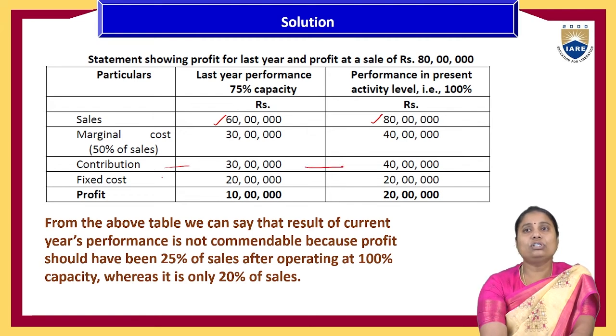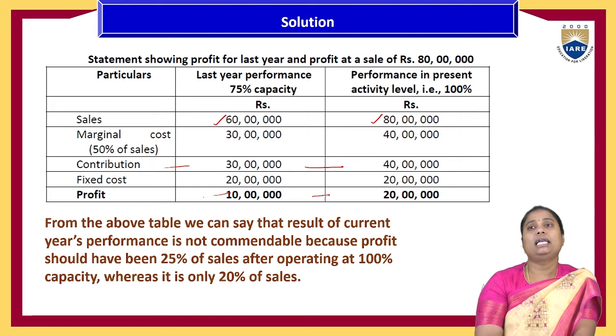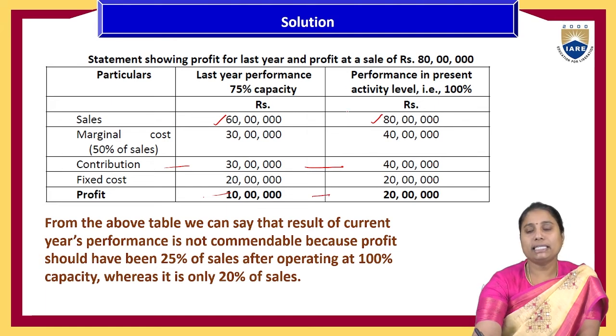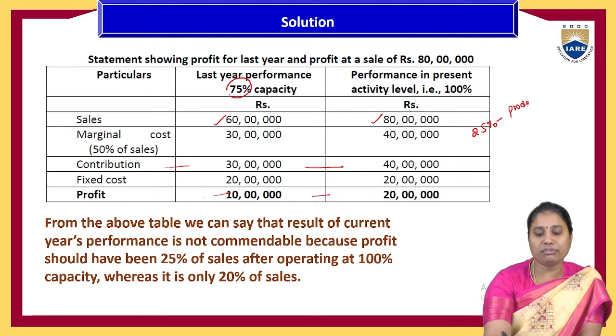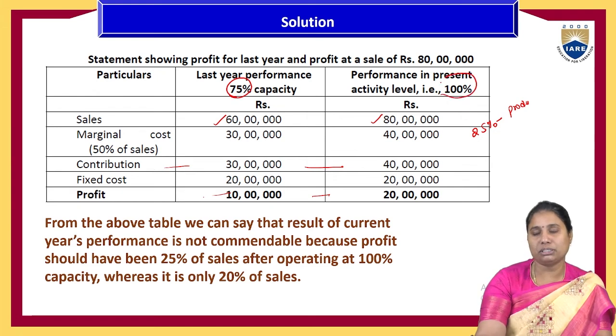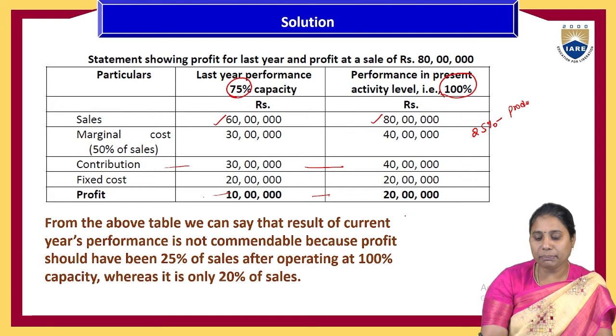If we deduct the fixed cost of 20 lakhs, the profit was 10 lakhs last year, and this year they are going to get 20 lakhs. So actually they have increased the production capacity by 25%, because 75% performance is increased to 100%. If they have increased by 25%, they are going to get 100% benefits.